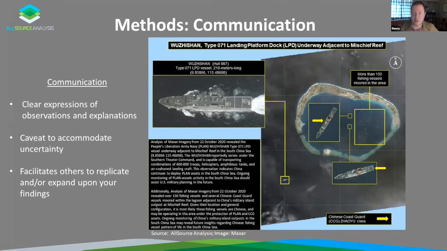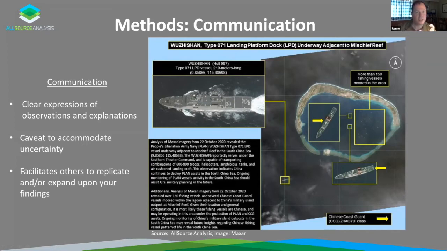Their proximity to this particular location and other clearly identified Chinese Coast Guard vessels suggest that these are probably Chinese fishing vessels, but you want to highlight that it is most likely that they are Chinese. That's not 100% certain. It's just that you think it's highly likely.